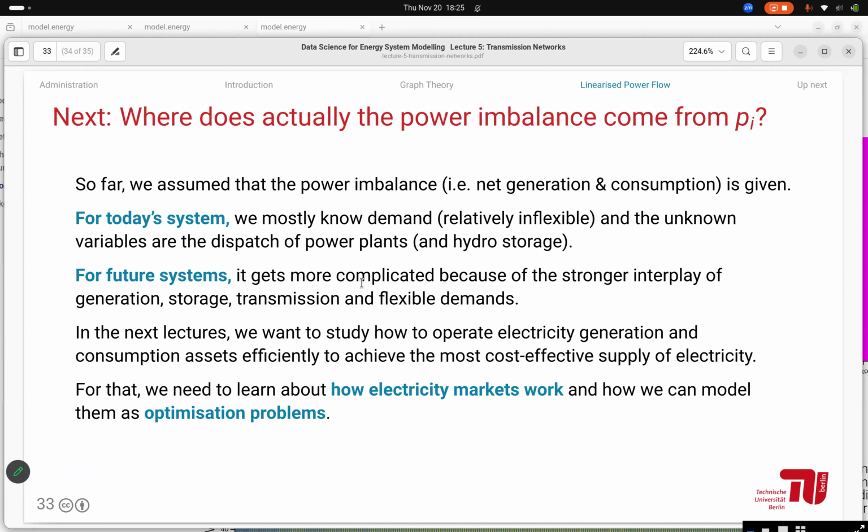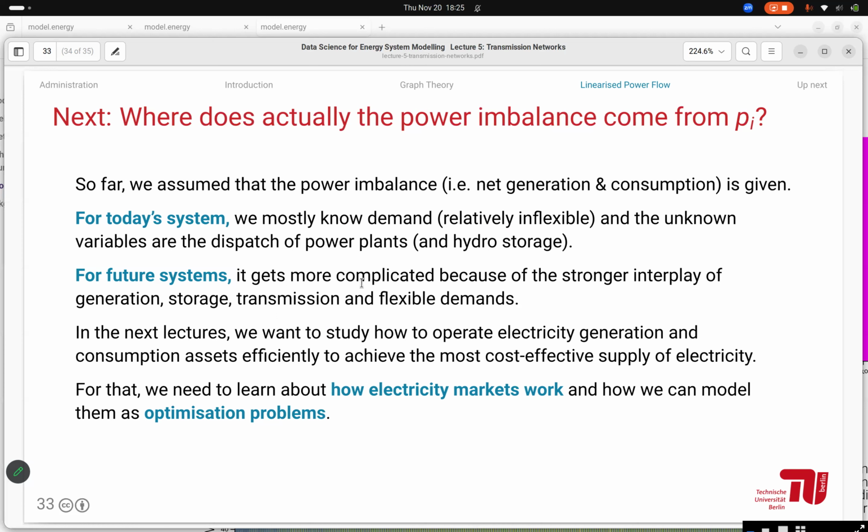And fundamentally, there's a difference between today's system, where we know where most of the demand is, and most of the unknown variables are just the dispatch of the power plants and maybe some of the hydroelectricity storage. In a future system, this can become much more complicated.